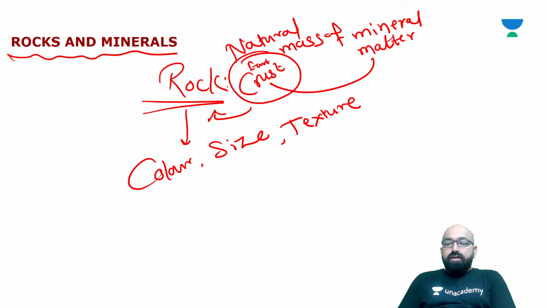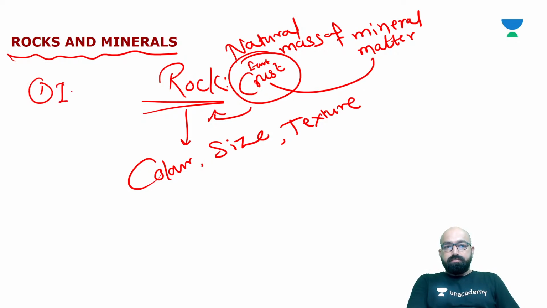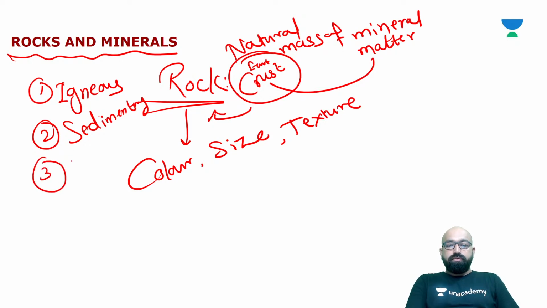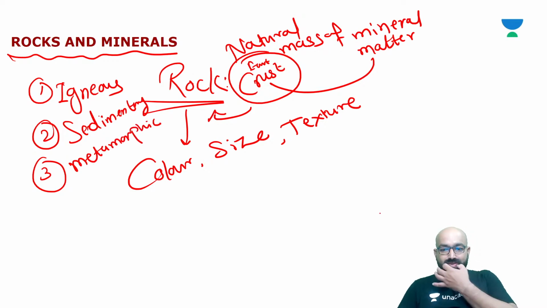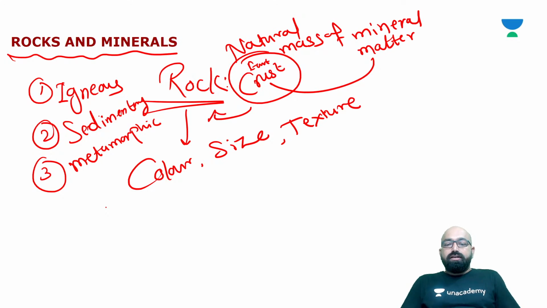There are three major types of rocks: igneous, sedimentary, and metamorphic. When molten magma cools, it becomes solid, and the rocks thus formed are called igneous rocks.